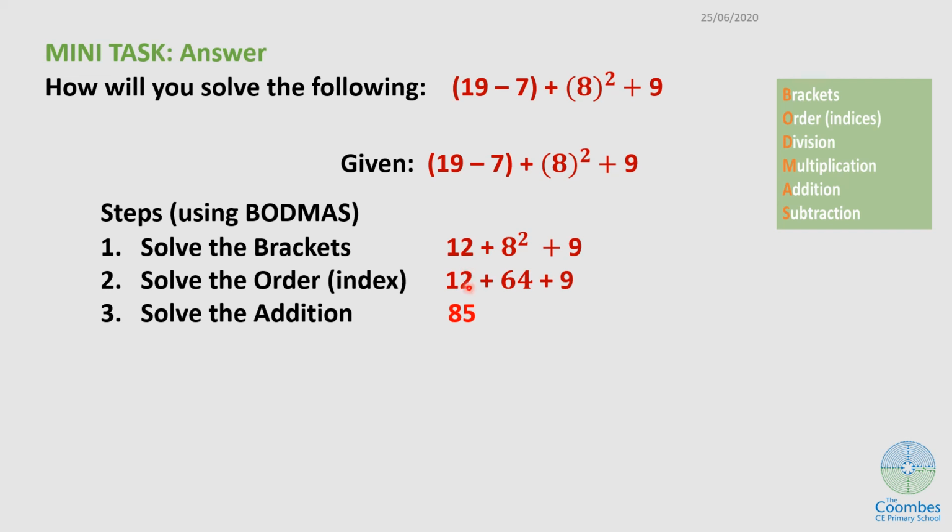My 12 plus, now 8 to the power 2 means 8 times 8, and 8 times 8 is 64. Then plus my 9. So this is now what I have got, and I can now solve and add these. It's all addition, and 12 add 64 add 9, I should get 85.